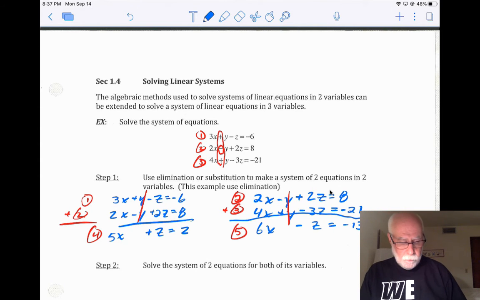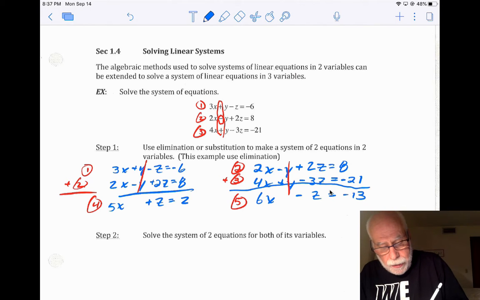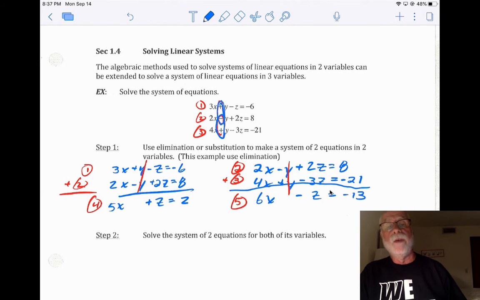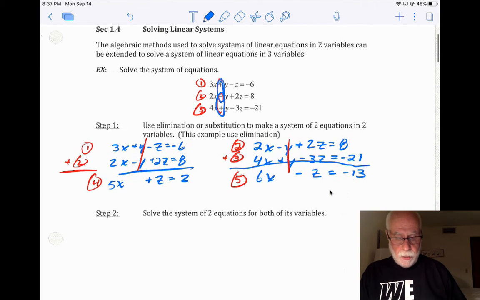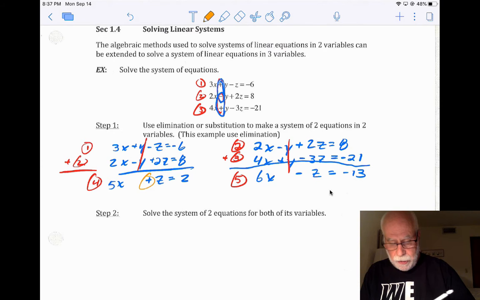So that was our first step. Again, remember, I was looking at if they were the same coefficient, in this case 1 on both of them, and I looked at a plus and a minus, and then that's what kind of helped me choose those two. So step 2, solve the system of two equations for both of its variables. So now again on this one here, it just kind of worked out that I lucked out, I have a plus z here, and I have a minus z here.